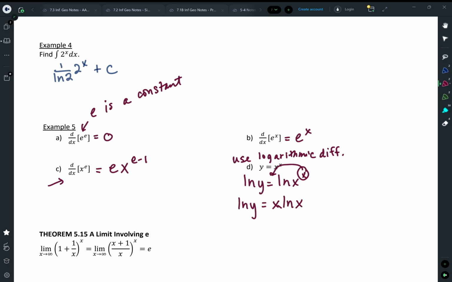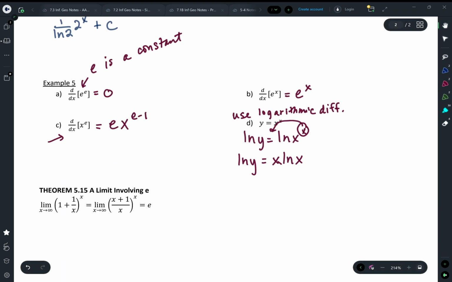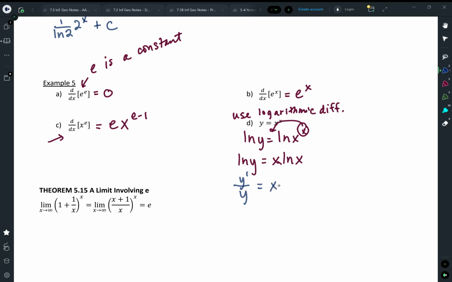And now that I have it like this, I can take a derivative. So when I take a derivative of natural log y, I get y prime over y. And then for x times natural log x, I would have to go ahead and do product rule. So x times derivative of natural log is 1 over x, plus natural log x times derivative of x is just 1. So y prime over y is equal to x times 1 over x is 1, and then natural log x.